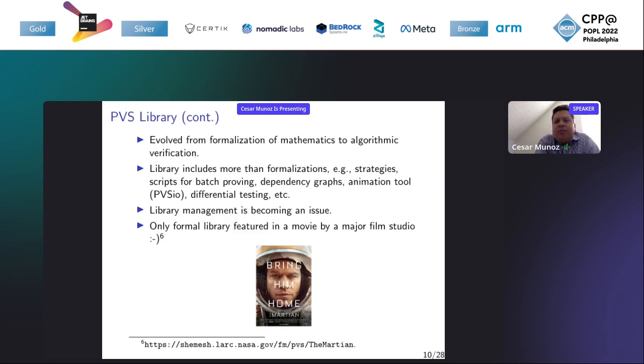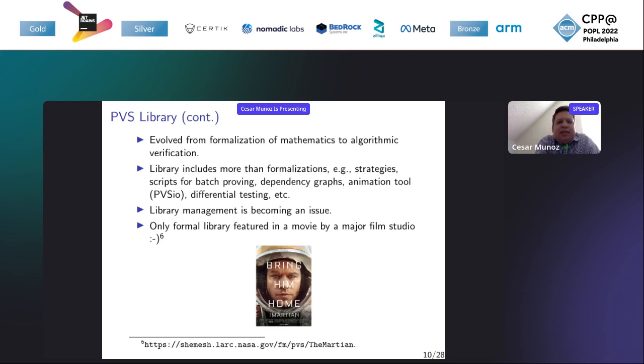We haven't solved the problem, but I wanted to mention this because we have to do proof engineering. I mean, not only how to do proofs, but how to maintain those proofs and those dependencies. And this is not only a problem for PVS. I imagine that it's a problem for other theorem provers.